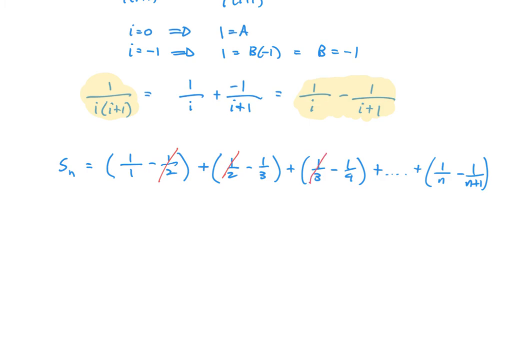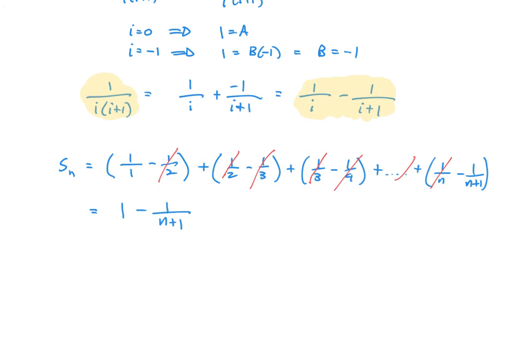This 1/3 cancels out with the minus 1/3, so on and so forth. The negative 1/4 is going to cancel out. The 1 over n is going to cancel out with the term that came right before that. And what you get surviving at the end is 1 minus 1 over n plus 1.